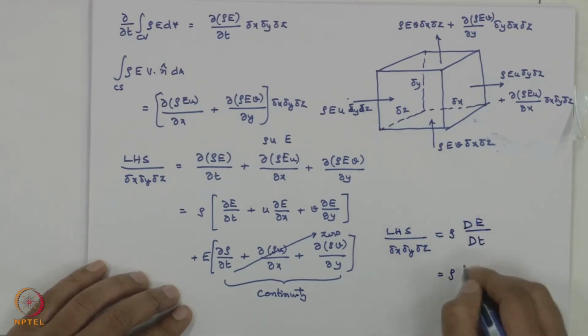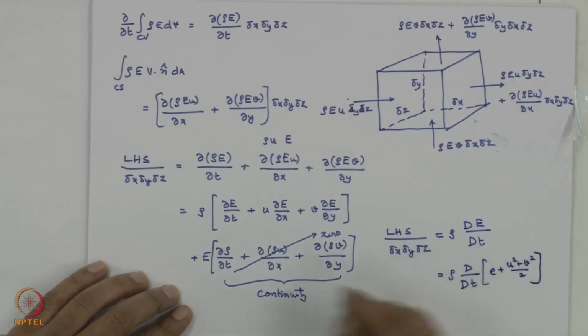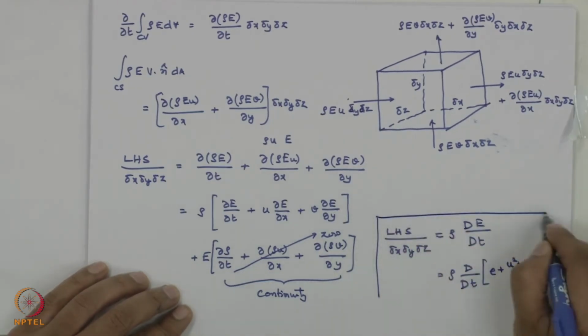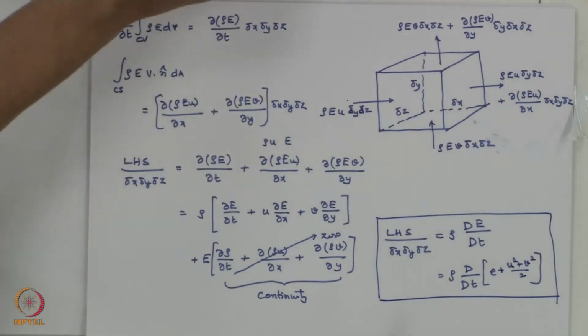Recollect, E we wrote as e plus (u squared plus v squared)/2. So let us keep this equation in our mind. That is, LHS we are through. Let us take up the right hand side.